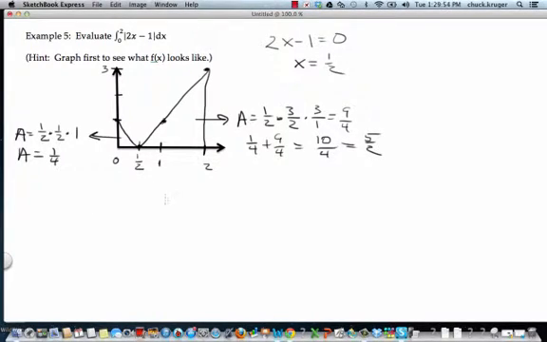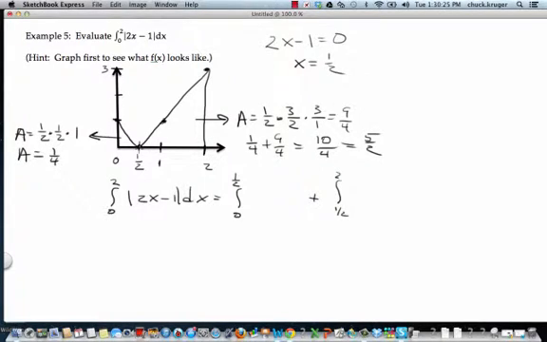Alright, so when I'm integrating this from 0 to 2 of the absolute value of 2x minus 1 dx, I'm going to break it up into two integrals. One is going to go from 0 to 1/2, and the other one is going to go from 1/2 to 2.